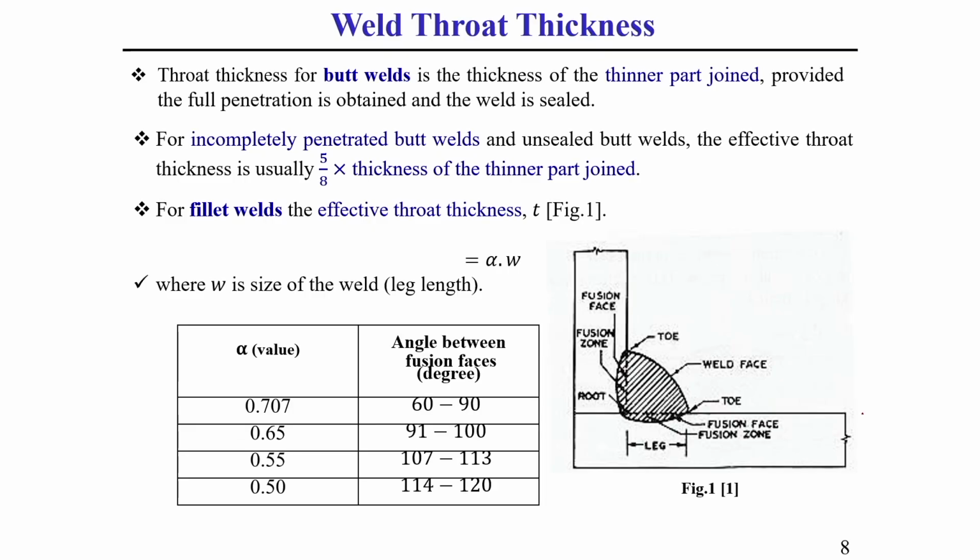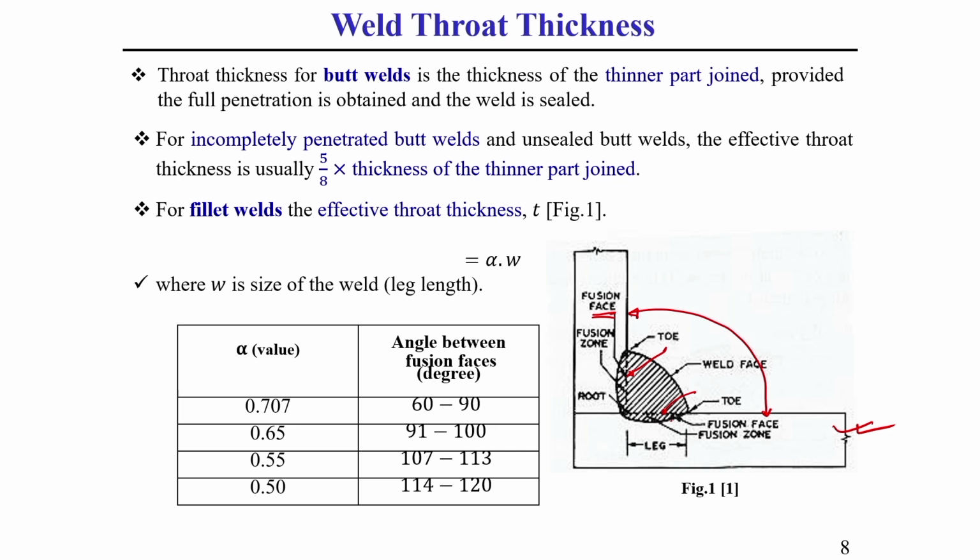Now, for a fillet weld, if these two components are joined together, there is an angle between these two faces, this is the angle. This is one fusion face and this is another fusion face, I have already written here.